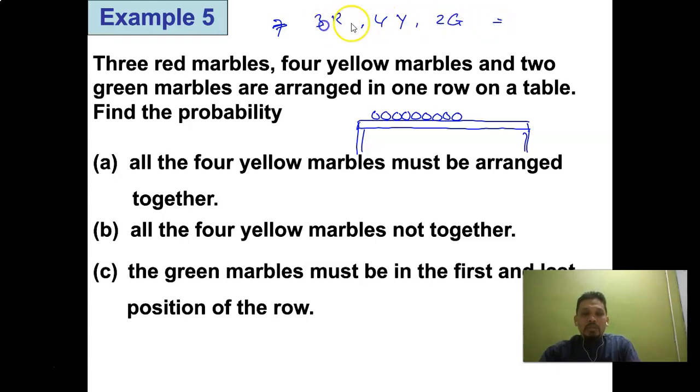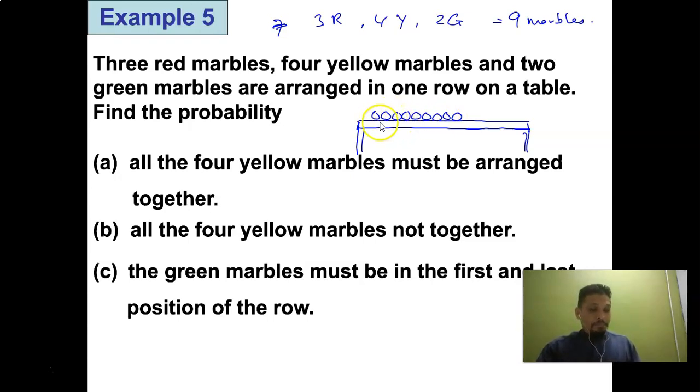So the total is 3 plus 4 equals 7, plus 2 equals 9 marbles. We can arrange them in different ways of these colors.